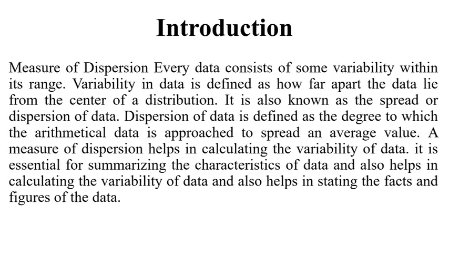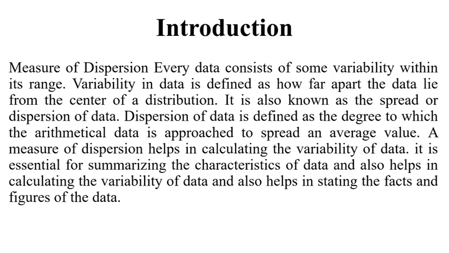It is also known as the spread or dispersion of the data. Dispersion of data is defined as the degree to which the numerical data tends to spread about an average value.